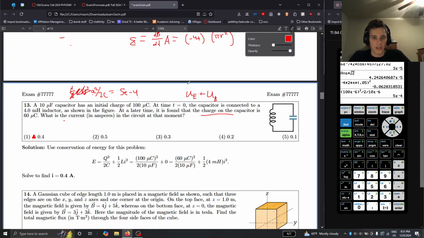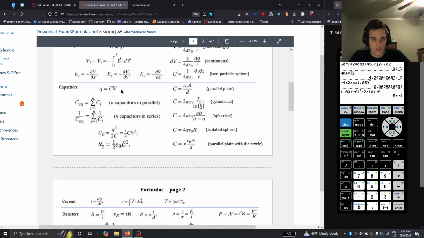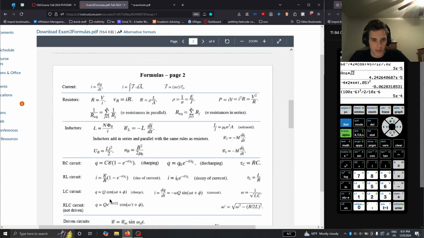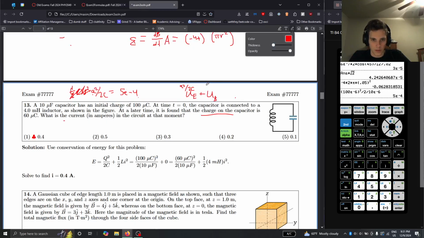When we calculate the potential energy of the thing, we'll do it like we did here, right? Q squared over 2C for the capacitor, and for the inductor it's Li squared over 2. And that's going to equal this initial energy value because the energy does not change.